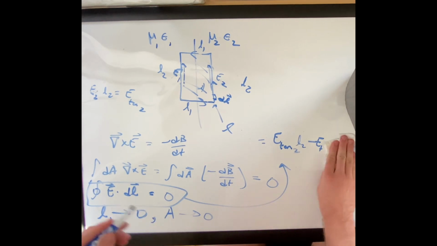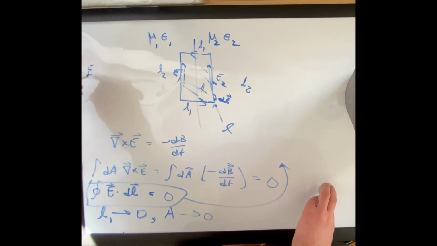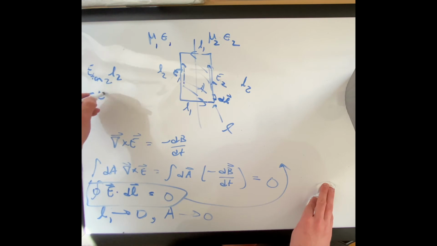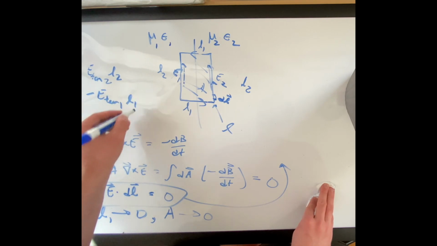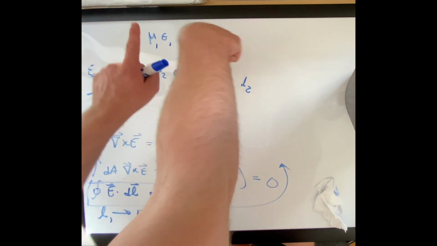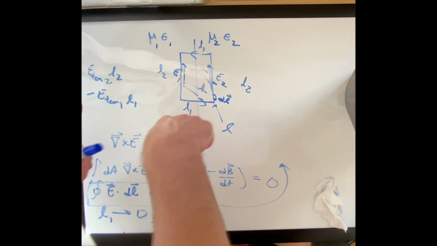I'm sorry, let me write this over here. E tan 2 L2, right? Minus E tan 1 L1, right? Because E1 is going up and L2 is going down, because we're going around the loop. And then that's the only piece.